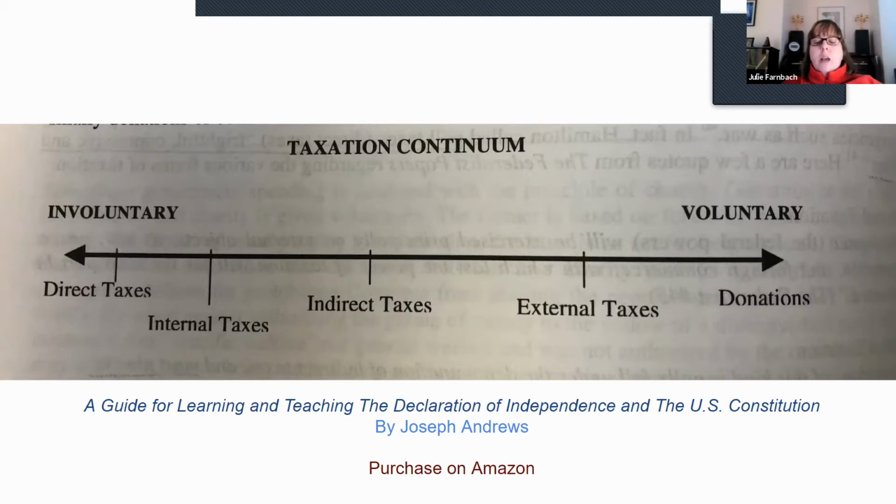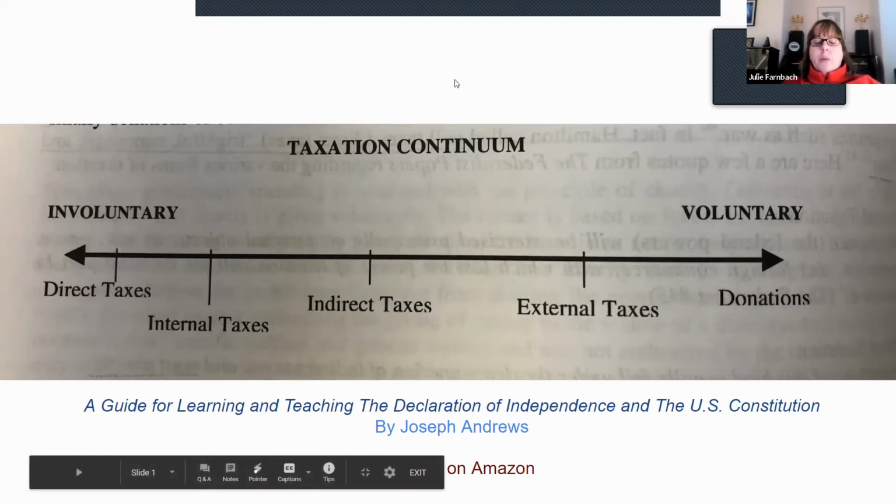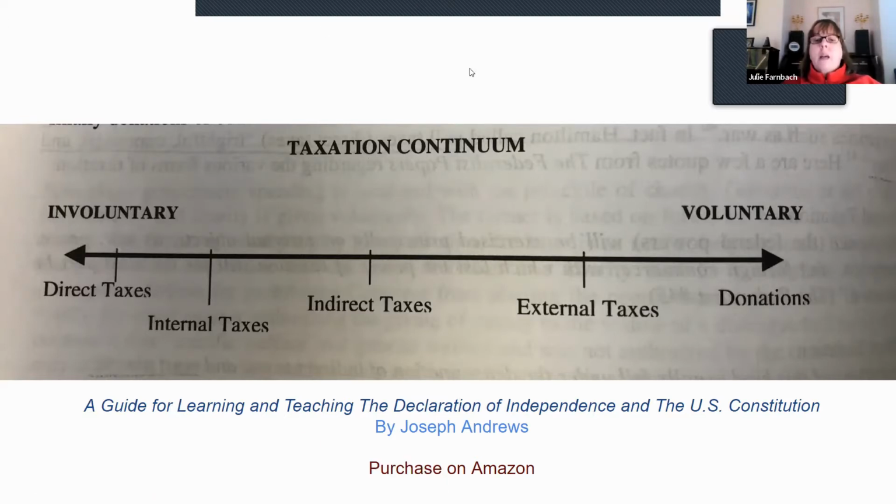Those are things like sales tax or taxes that we pay to use a facility. These indirect taxes reward frugality, but they still allow extravagance. They give consumers the freedom to participate to whatever extent is best for their situation. So that's indirect taxes right there in the middle.